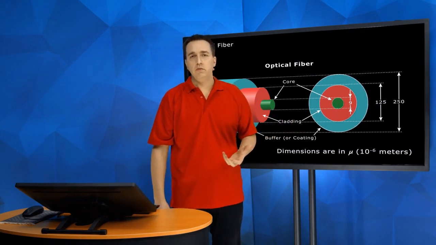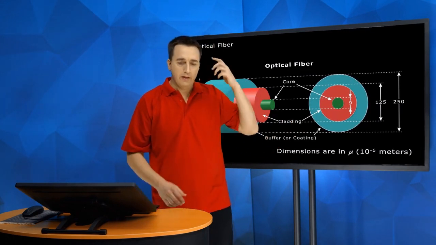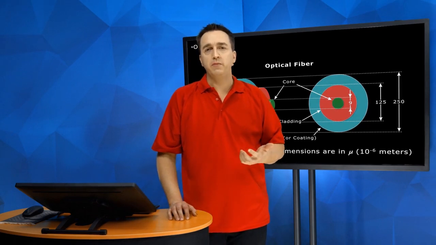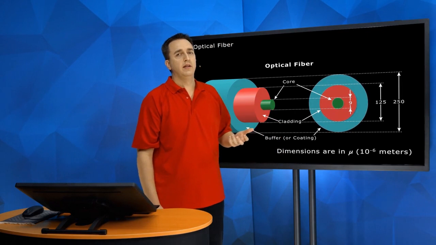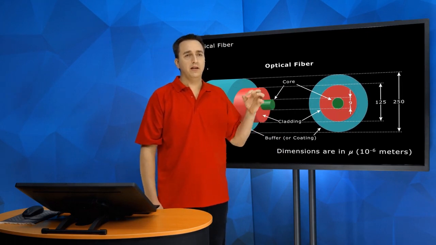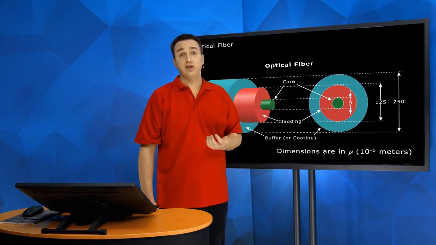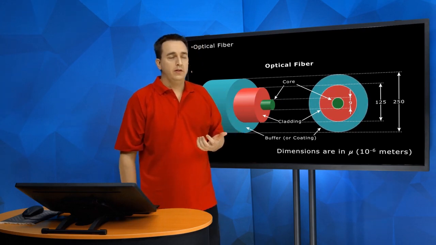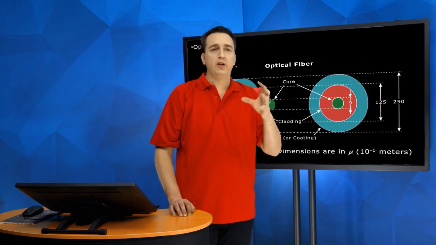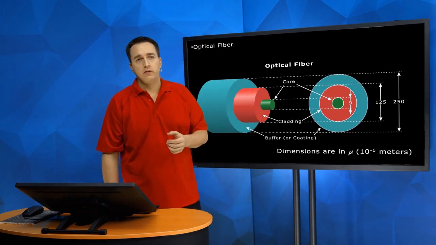Well, it's very small. Here's something you can think about: the average hair is about 50 microns. So we're dealing with something that's thinner and smaller than the average hair. Your multi-mode is going to have a bigger core than 9 microns.